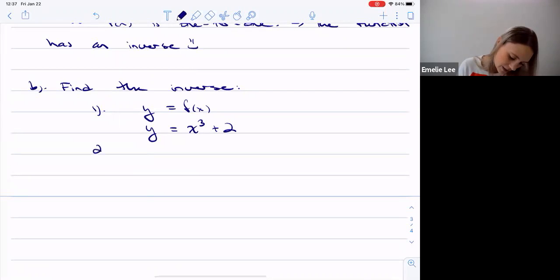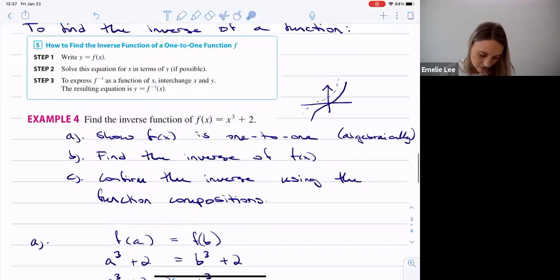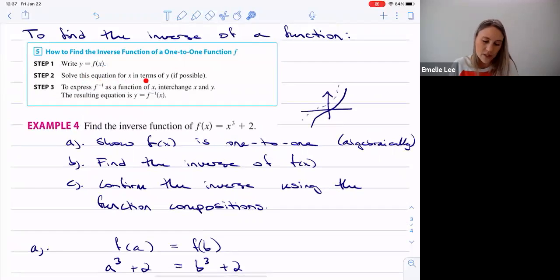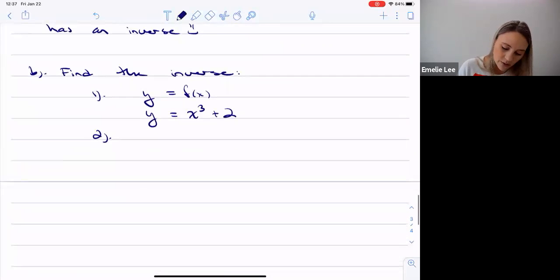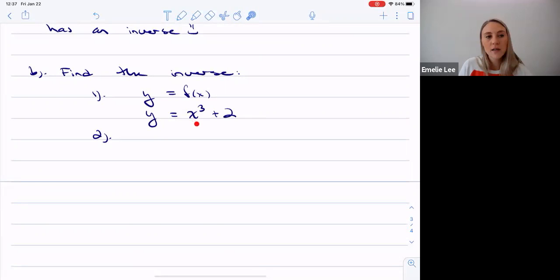Now in my second step, let me solve this equation for x in terms of y. Sometimes it's not possible, but it has to be a one-to-one function, so it will be possible. Solving for x, I'm slowly going to move things over and shift x to the left-hand side.